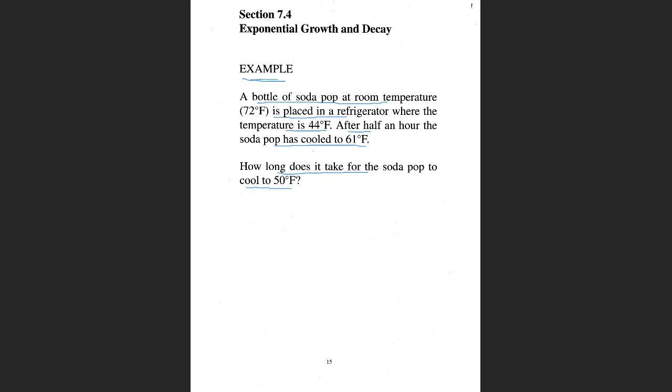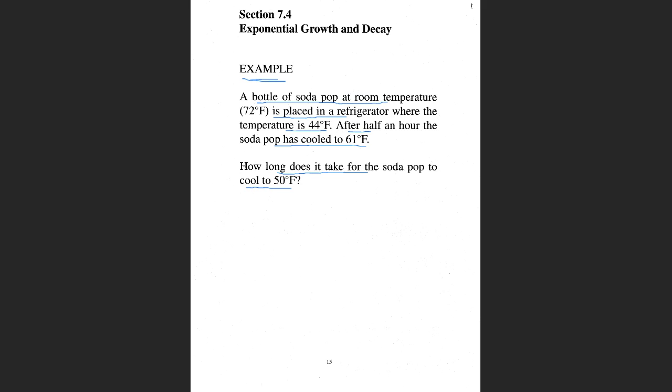Maybe you don't have any cold soda pops in the fridge, and then you got to put one in, and then you got to wonder how long to wait. How many have had that situation? Okay, Michael a lot, Tina, Marcella, yes. Well, now you'll be able to find out how long it's going to take for the soda pop to cool a certain amount. All right, so let's go ahead and move to the solution if we're good here.